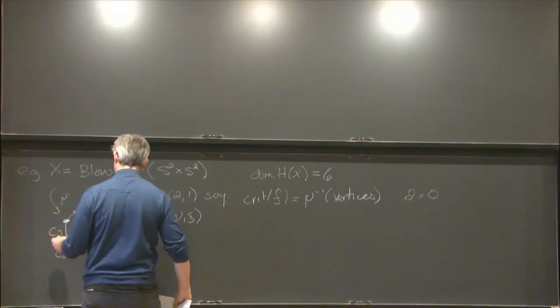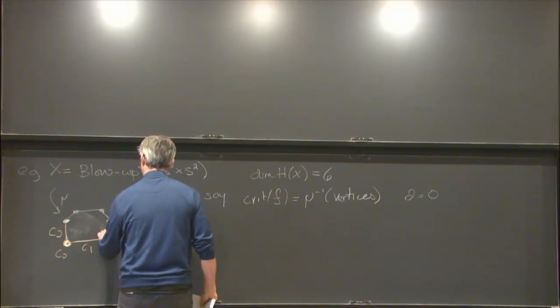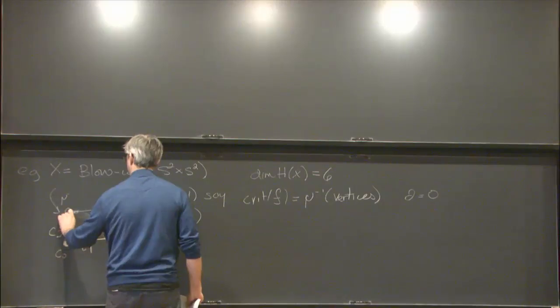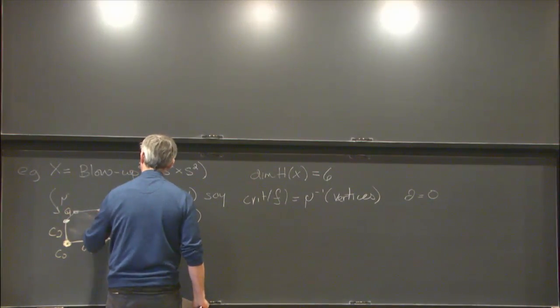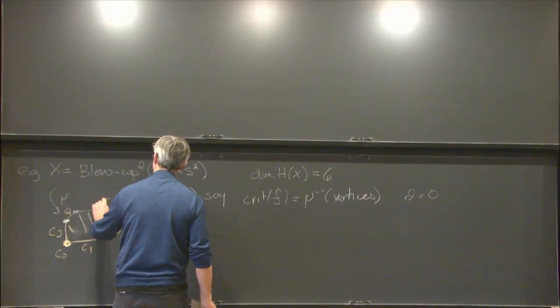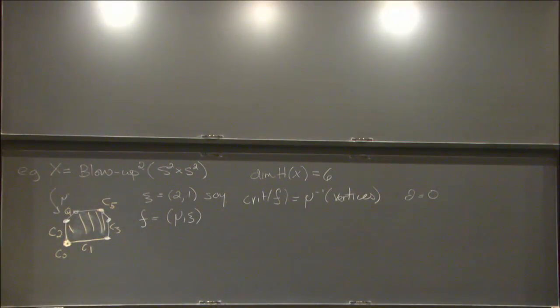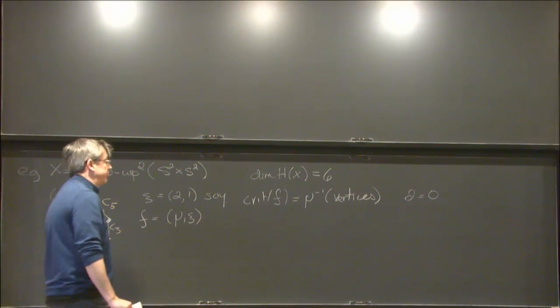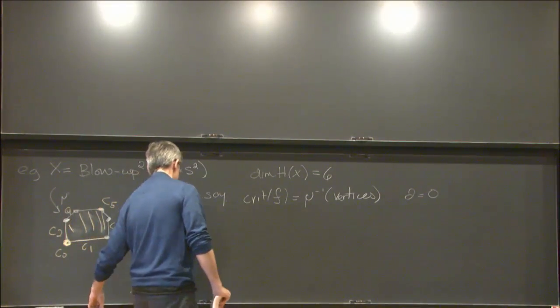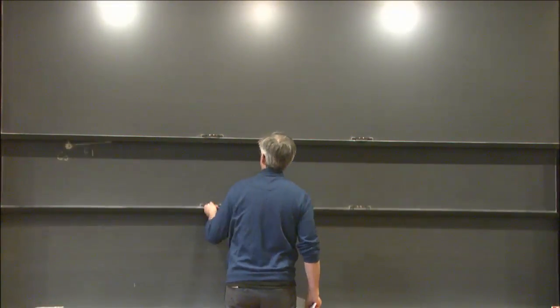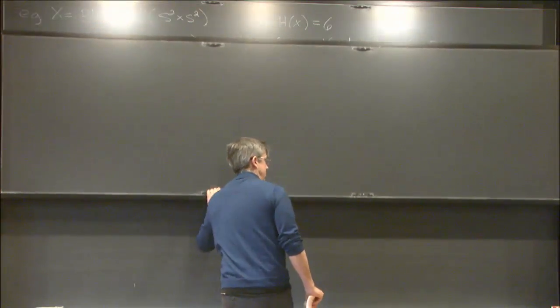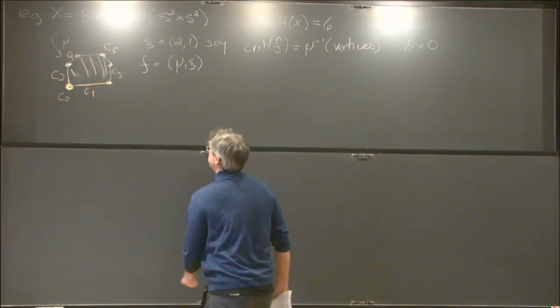And then here's another one. Here's another one. And then the unstable manifold for this guy would be the whole thing. So that would be your C5, your top dimensional cycle, and that would be your basis for the cohomology in this case. Okay, so that's one way of doing it.